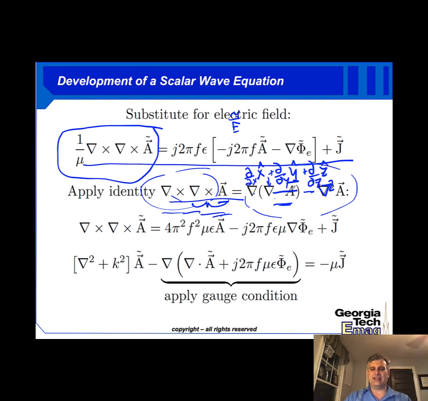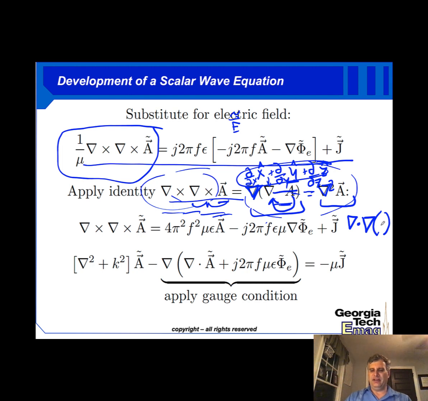We're dotting it with a vector to take the divergence, and then that takes a vector and gives us a scalar quantity, which then turns back into a vector when I take the gradient operator, basically this thing distributed across that scalar. So this gives me a vector, and then I have this Laplacian, which we know from our previous lectures is the shorthand for the divergence of the gradient of something.